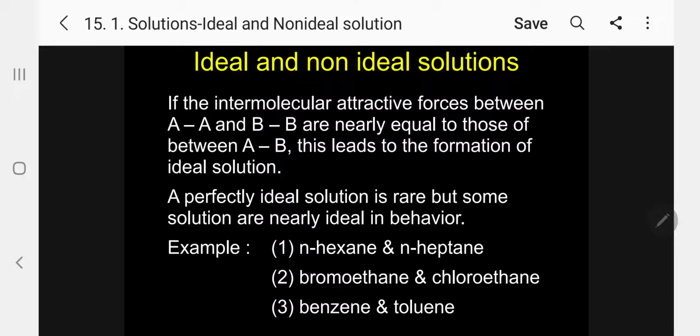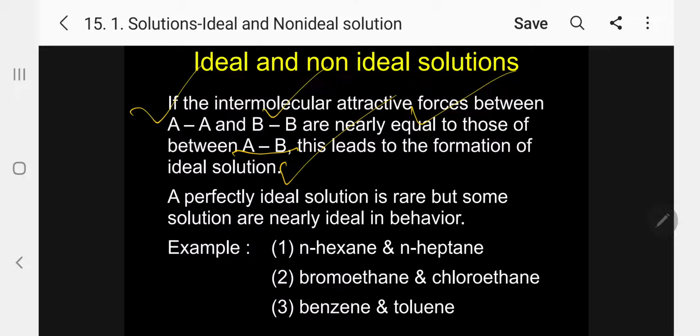If the intermolecular attractive forces between AA and BB are nearly equal to those between AB, this leads to the formation of an ideal solution.